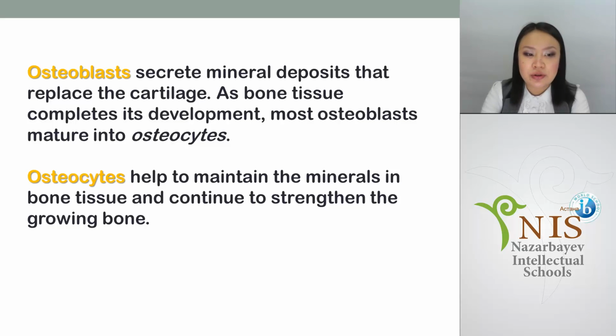As bone tissue completes its development, most osteoblasts mature into osteocytes. Osteoblasts then give osteocytes. What are osteocytes? Osteocytes help to maintain the minerals in bone tissue and continue to strengthen the growing bone.